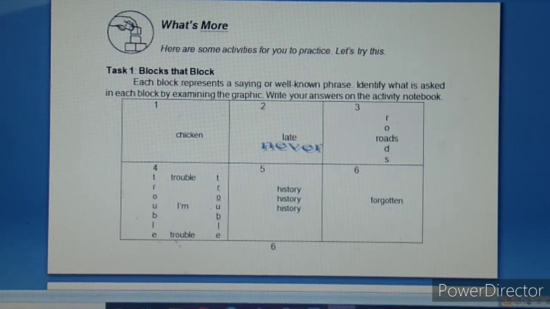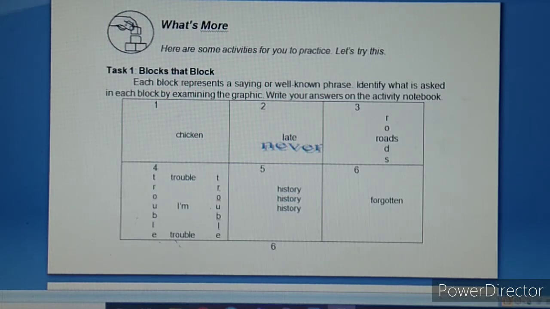Okay, let's proceed to number 5. We have the word history, which is repeated 3 times. So, what do you think is the correct answer for number 5? This is a very well-known phrase. Okay, history repeats itself. That's the correct answer for number 5. Next, number 6.